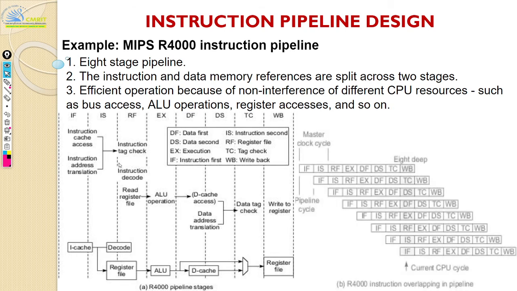Now the pipeline is going to look like this. You have different stages, and for your CPU pipeline, every single stage, like instruction first, is one clock cycle. However, for your master clock, you're going to consider this entire thing as one clock cycle.